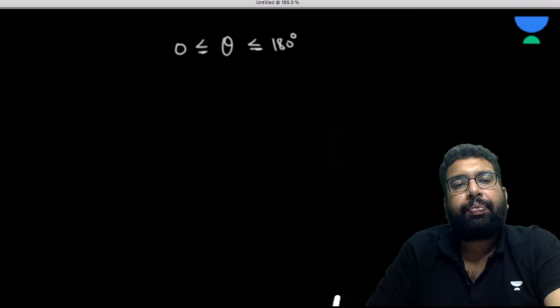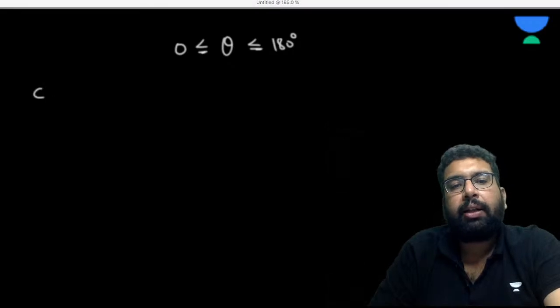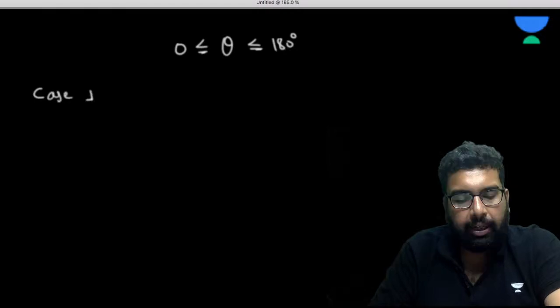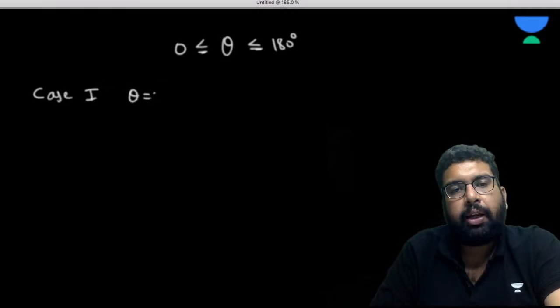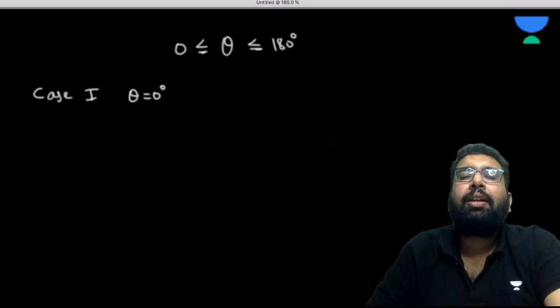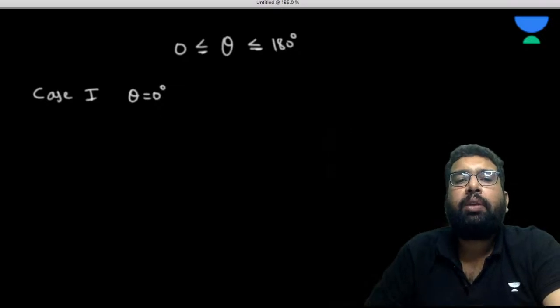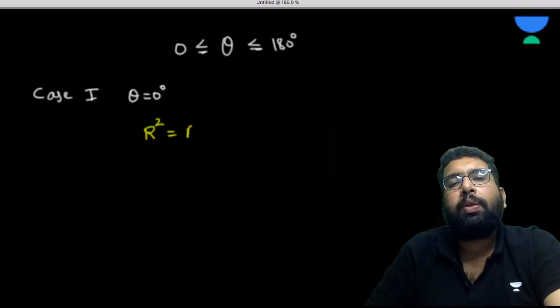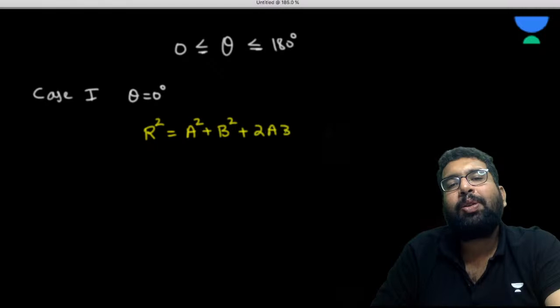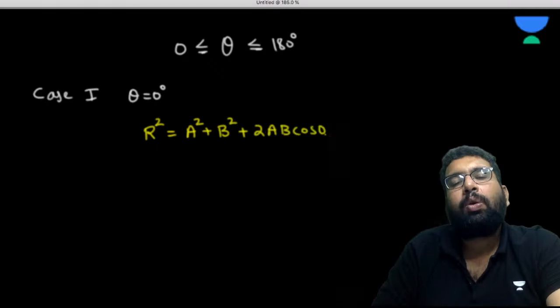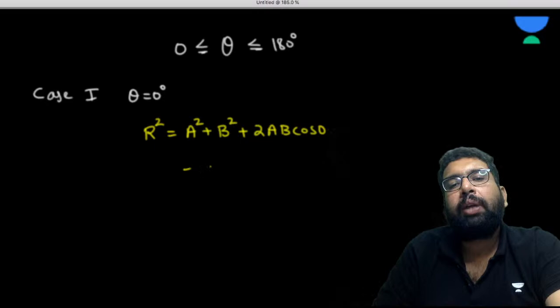Now, if I say case one, let's take theta is equal to 0 degree. If I use the formula, R square is equal to A square plus B square plus 2AB cos 0, right? Now cos 0 becomes 1. So can I write it as (A plus B) whole square.